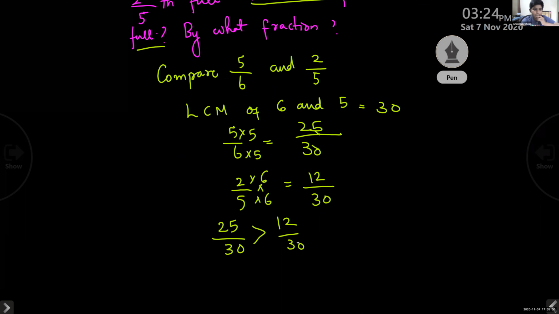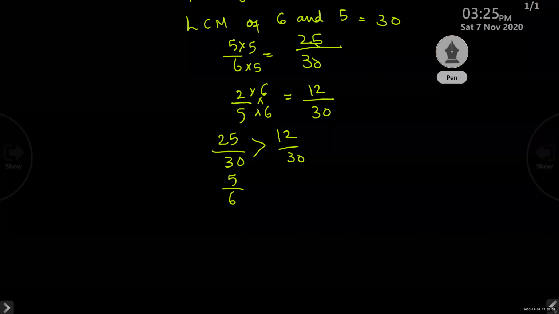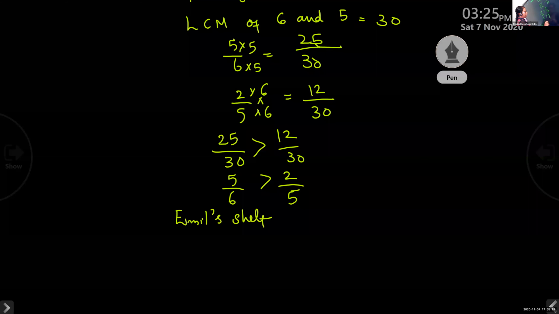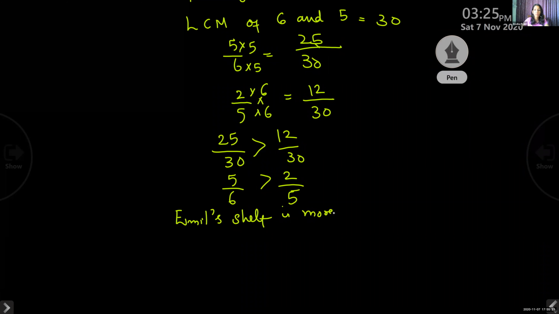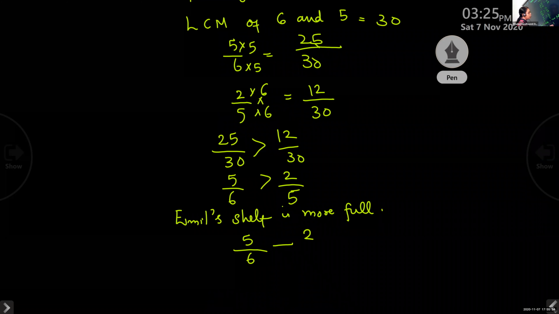Yes, ma'am. Okay. So 25 by 30 is 5 by 6, isn't it? And 12 by 30 is 2 by 5. And whose shelf is this, 5 by 6? Emil's or Geediga's? So Emil's shelf is more full. How will you find how much more? Subtract. You have to find 5 by 6 minus 2 by 5.